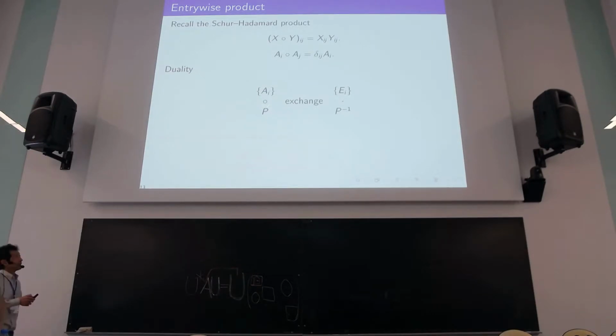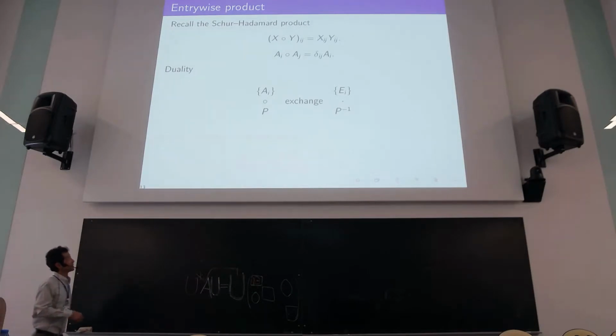And the matrix P transforms adjacency matrices to E_i, or expresses A_i in terms of E_i. So its inverse matrix will express primitive idempotents in terms of adjacency matrices.